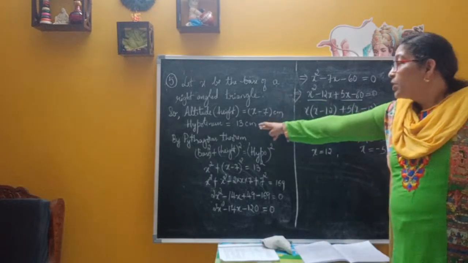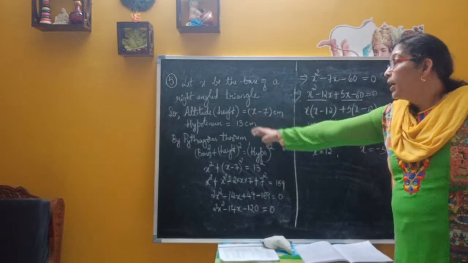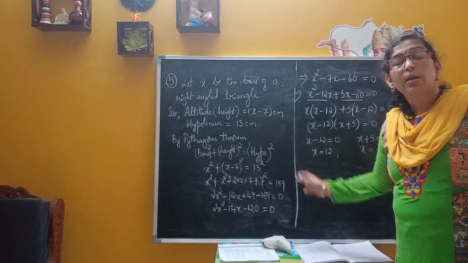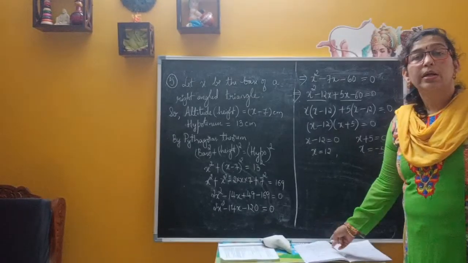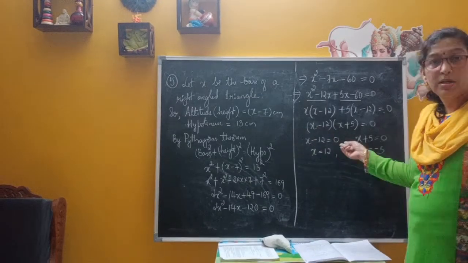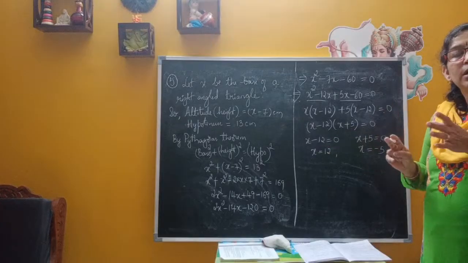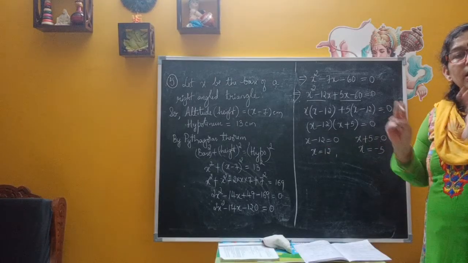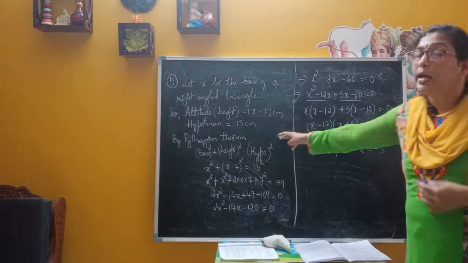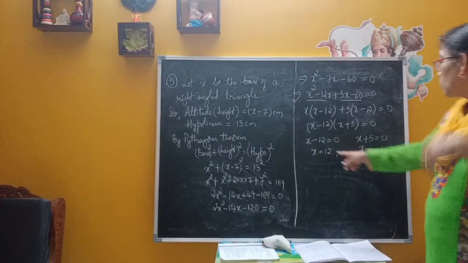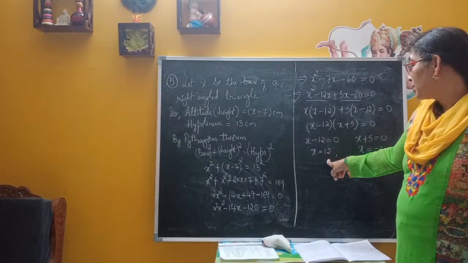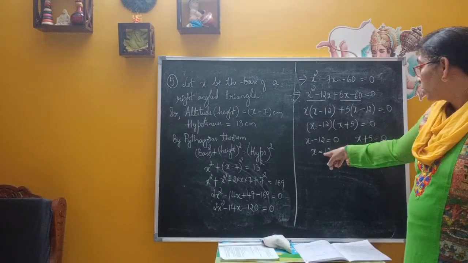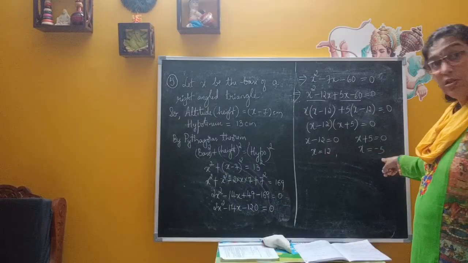This is a measurement. Base, height, hypotenuse, all these are measurements of a triangle, so we cannot have negative numbers, isn't it? When we have a measurement or a number of articles, we cannot have a negative number. So we have to choose the positive number as the answer. So the roots of this equation are 12 and minus 5 both.